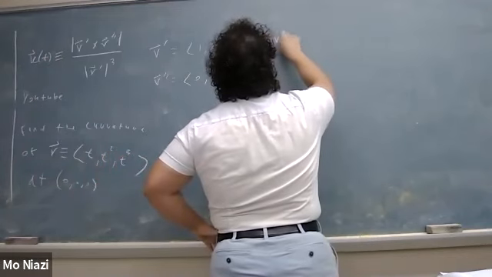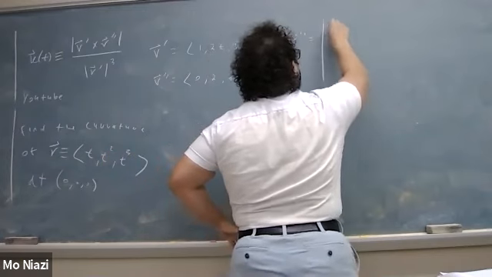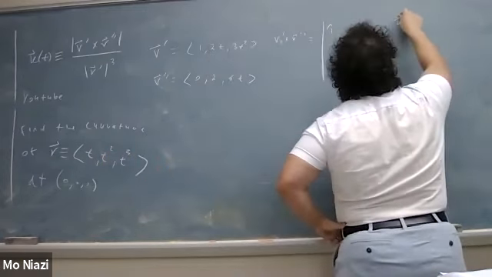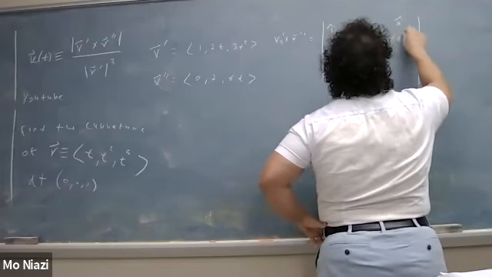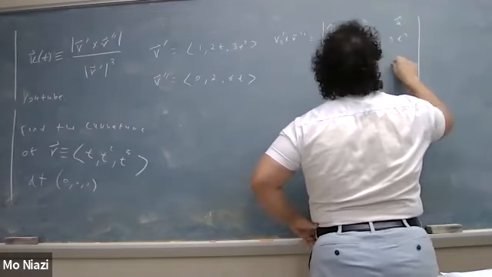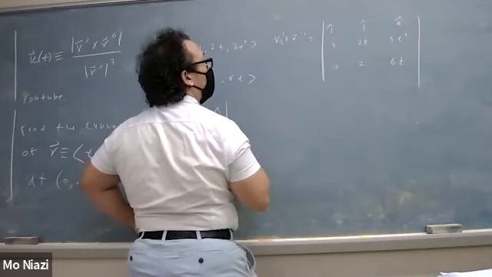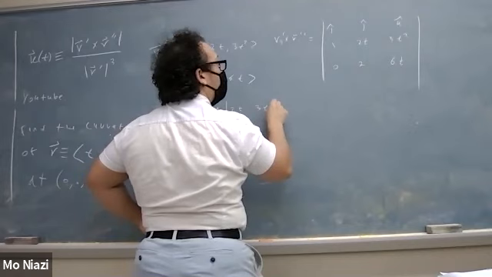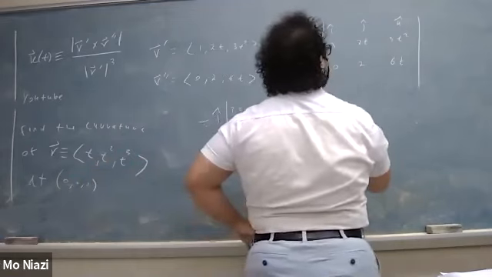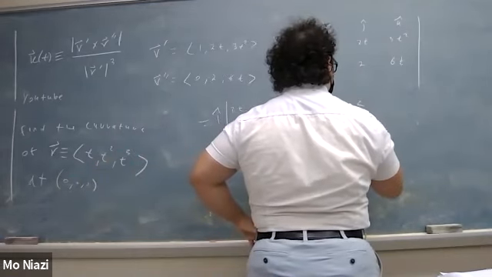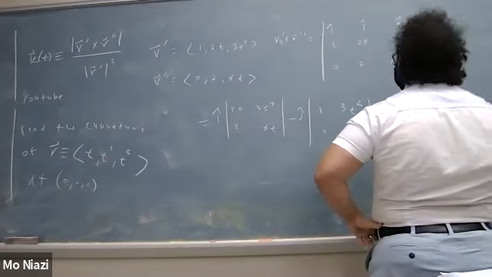Now we got to compute r prime cross r double prime, and this is equal to the determinant i, j, k, 1, 2t, 3t squared, 0, 2, 6t. This decomposes to i hat times the 2 by 2 determinant 2t, 3t squared, 2, 6t, minus j hat determinant 2 by 2, 1, 3t squared, 0, 6t, plus k hat 2 by 2 determinant 1, 2t, 0, 2.